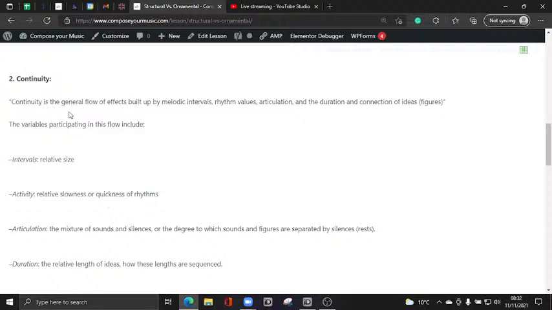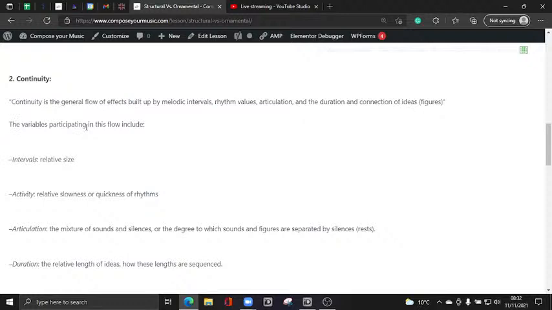Continuity is the general flow of effects built up by melodic intervals, rhythm values, articulation, and the duration and connection of ideas or figures.